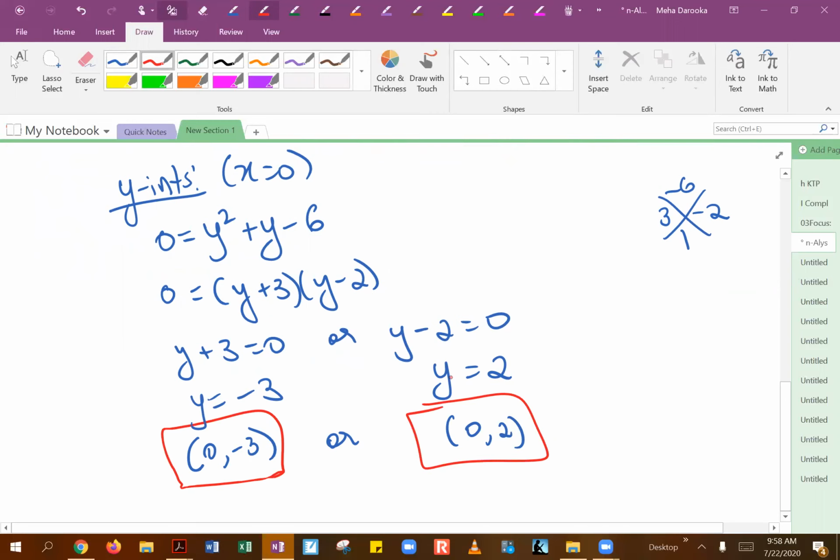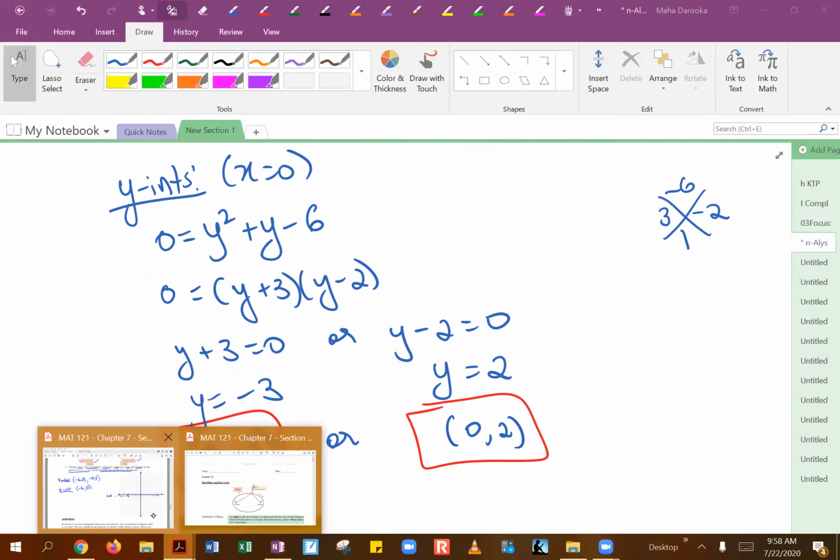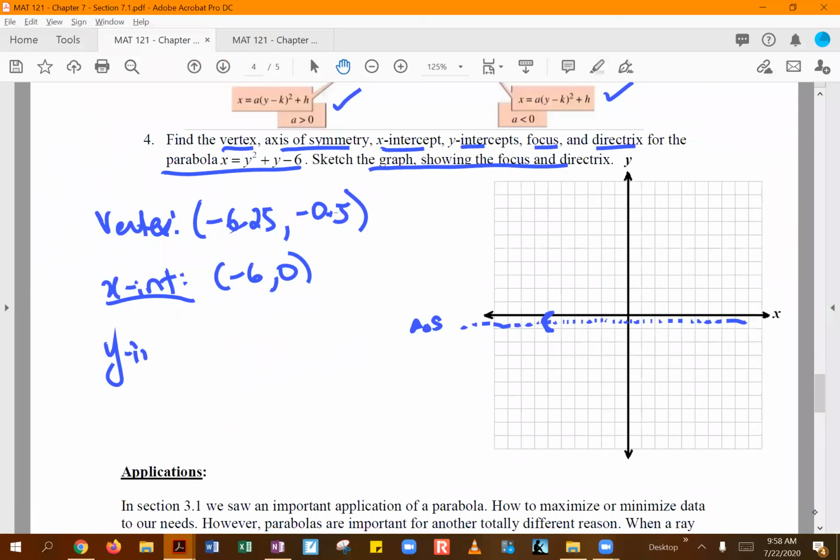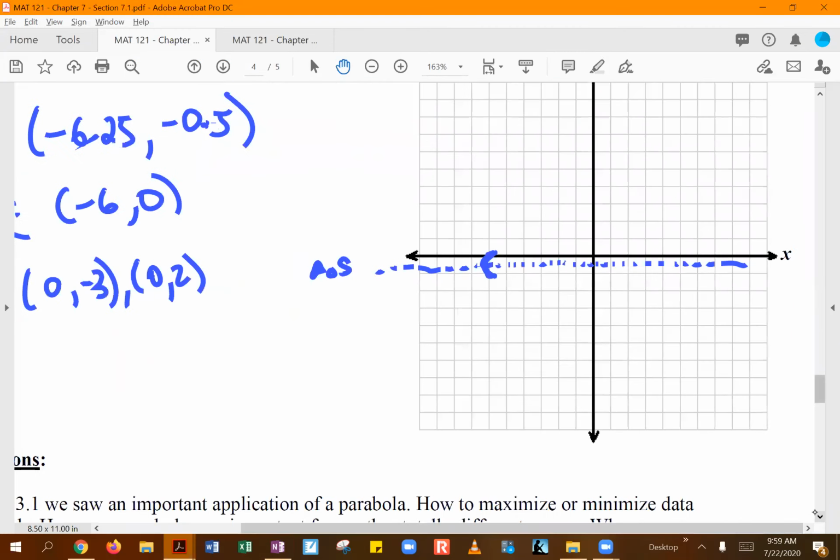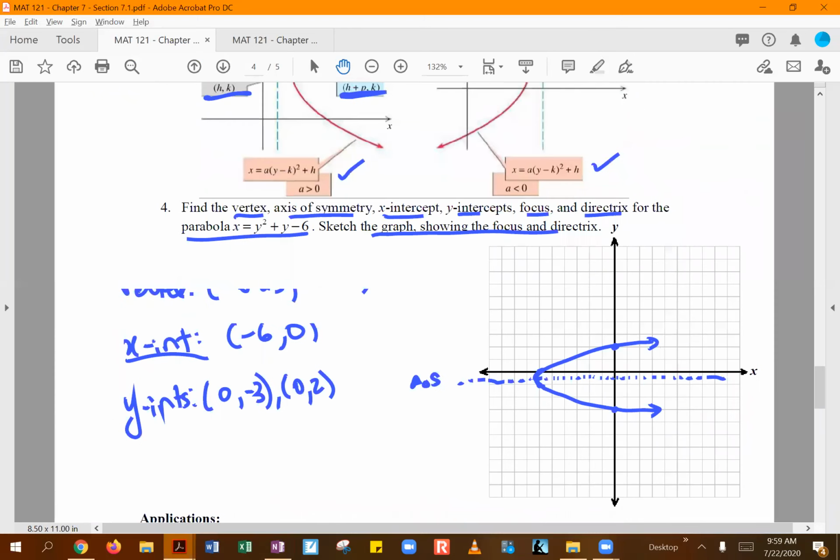So let's see, 0, negative 3, and 0, 2. So this graph would be going this way. This graph would be going this way, or the arm.